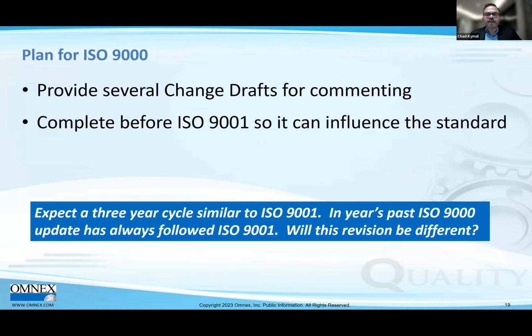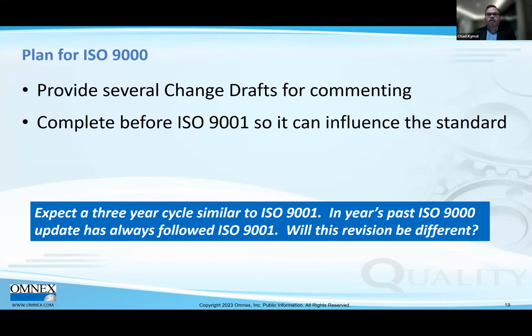Something they have never been able to do is make the changes in ISO 9000 before 9001. The idea would be, hey, we make the changes, this is ISO 9000, and then 9001 can use these when they write the standard, but they've always been late, sometimes even a year late in some years. So expect a 3-year life cycle similar to ISO 9001.